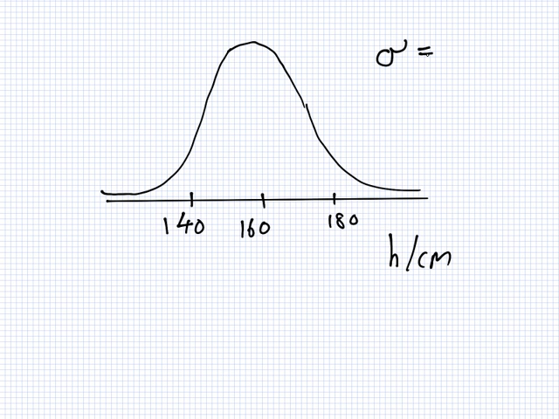What would you say? 160. Standard deviation. The average is 160. Standard deviation? 20. Nearly. 10. Why 10? 5. Yeah, but why divide by 2? Because I said roughly 2 standard deviations wide.